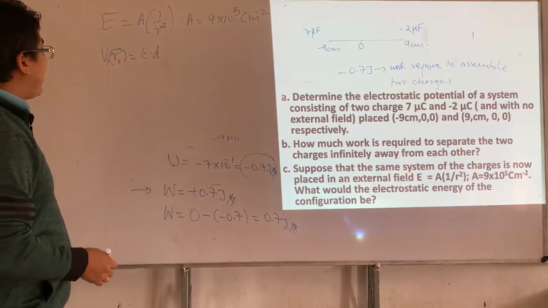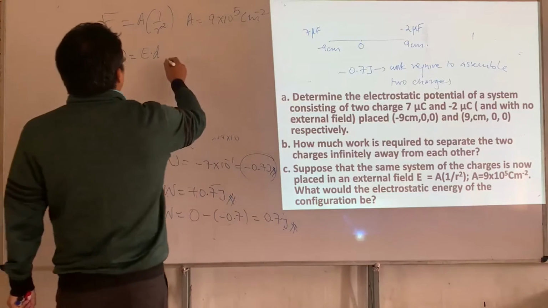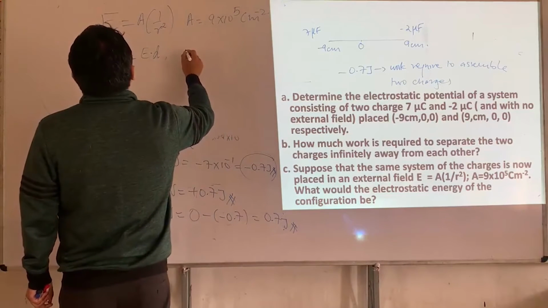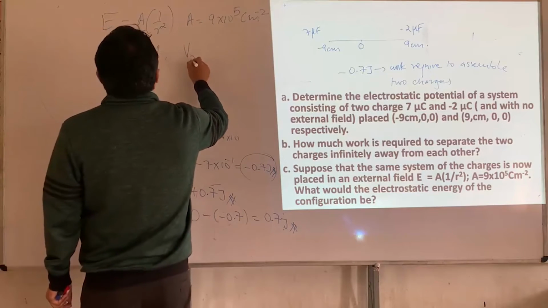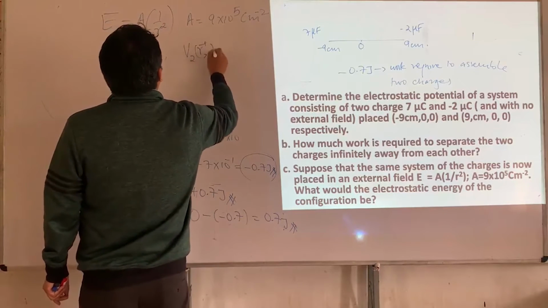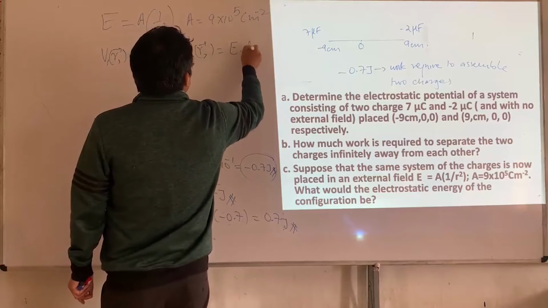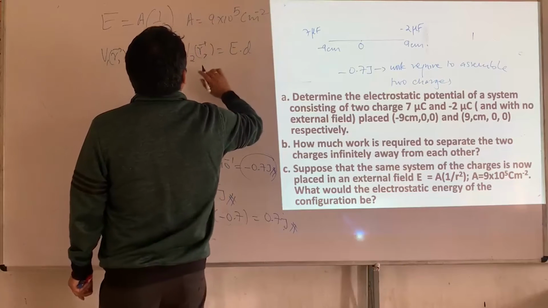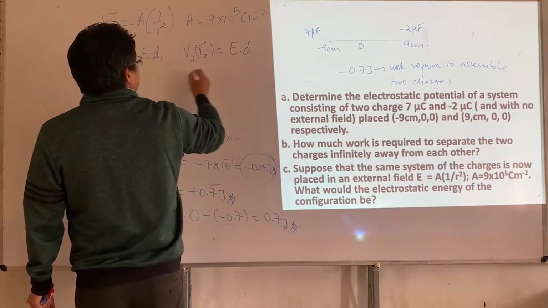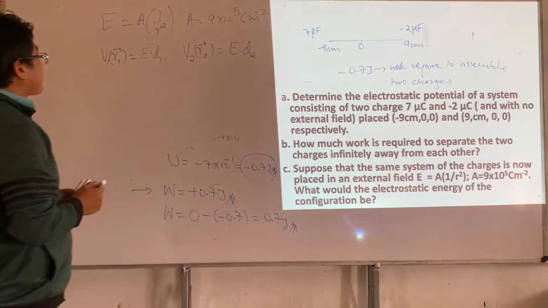And then potential 2 is going to be electric field into another distance, d1, this is d2, let's say.